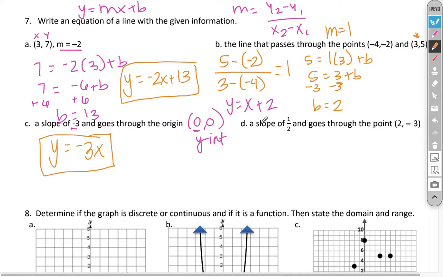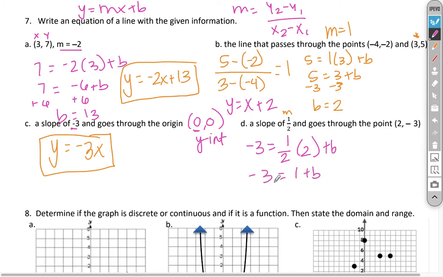Okay? And then d is a slope of 1/2 and goes through the point 2, negative 3. All right, so we're given our slope. This is m. And we're given a point, so we need to find b. So to find b, we would have negative 3 equals 1/2 times 2 plus b. This is negative 3 equals 1 plus b.